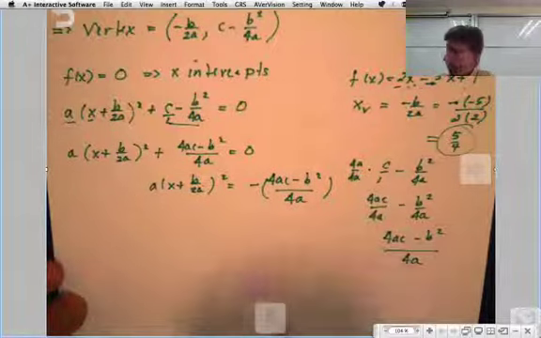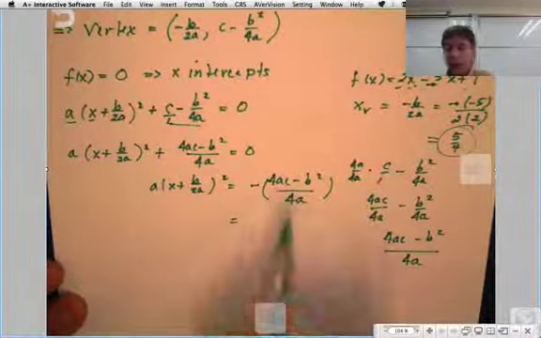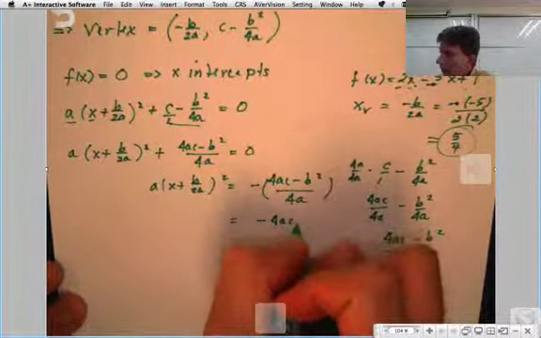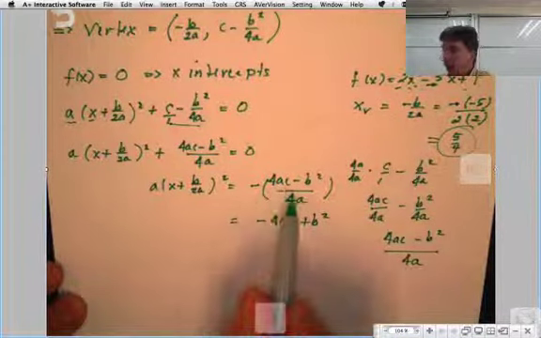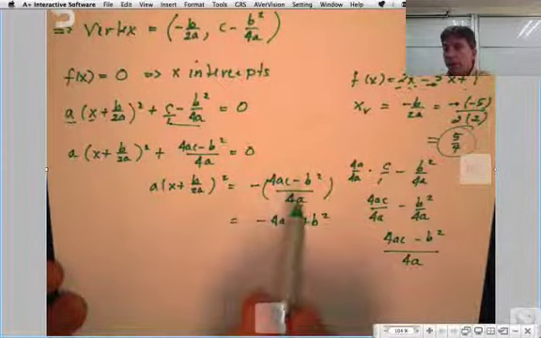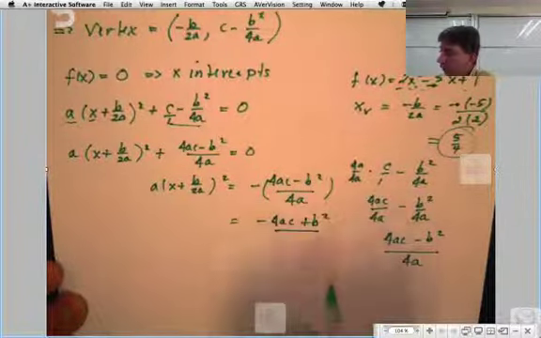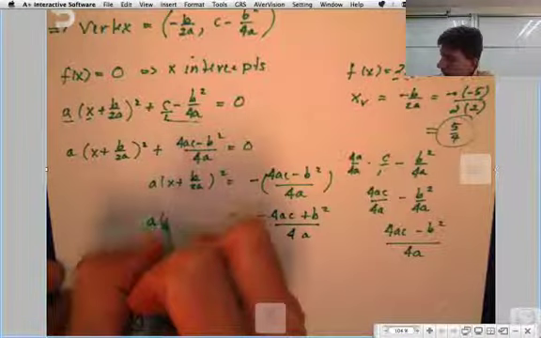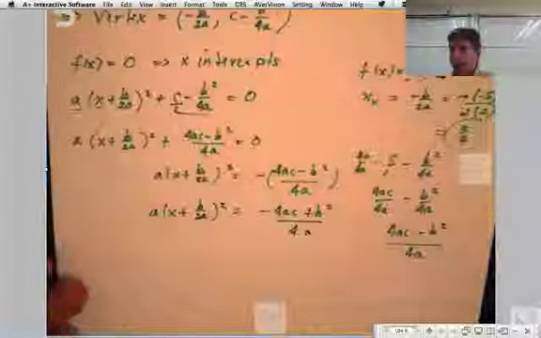Either one works, and just to get rid of that minus sign, I'm going to multiply the numerator through by -1, which would create a negative 4ac plus b squared. Keep in mind, you have to multiply both terms here by -1, and when you multiply negative b squared by -1, you get a positive b squared, all over 4a. So that gives me a times (x plus b over 2a) squared on the left-hand side.